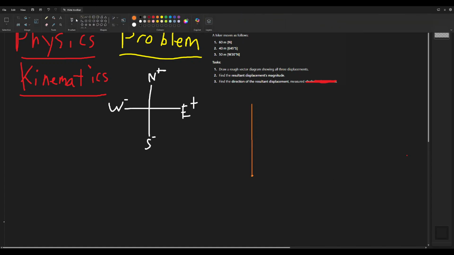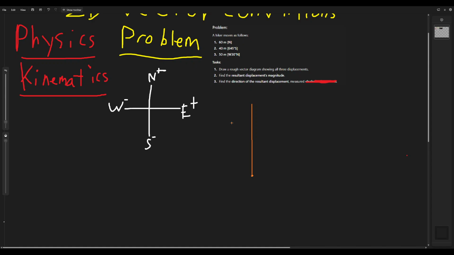But there's my first segment, and we're gonna label that displacement 1, and it's 60 meters. So this is going straight up, just north.